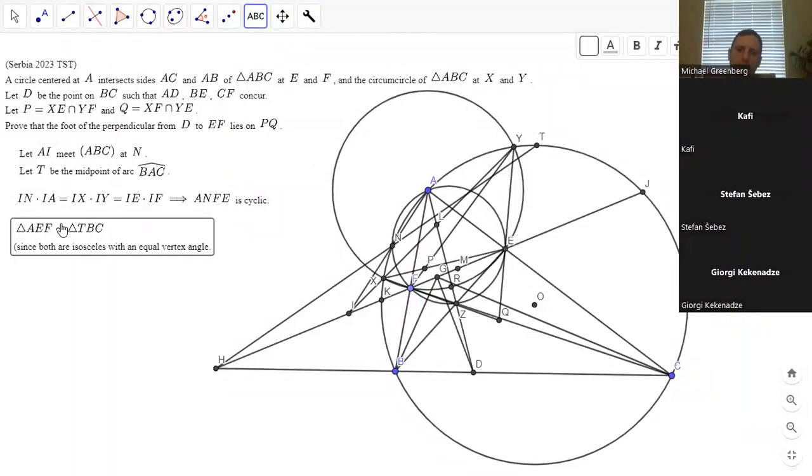And then we want to show I and H correspond to each other. Showing G and D correspond is hard. So I didn't even define, let EF meet BC at H.